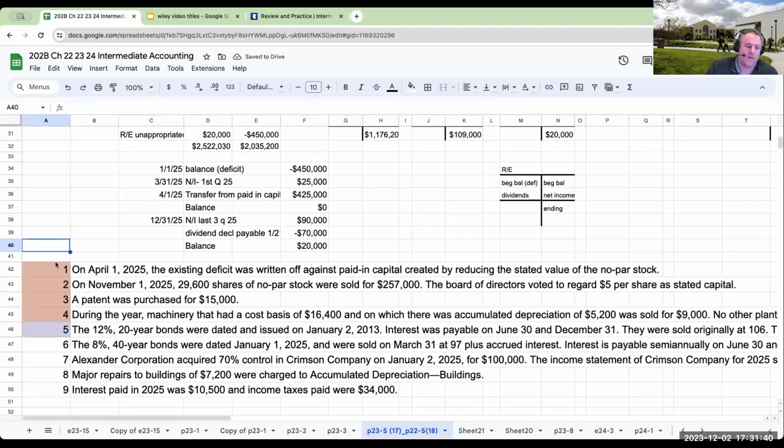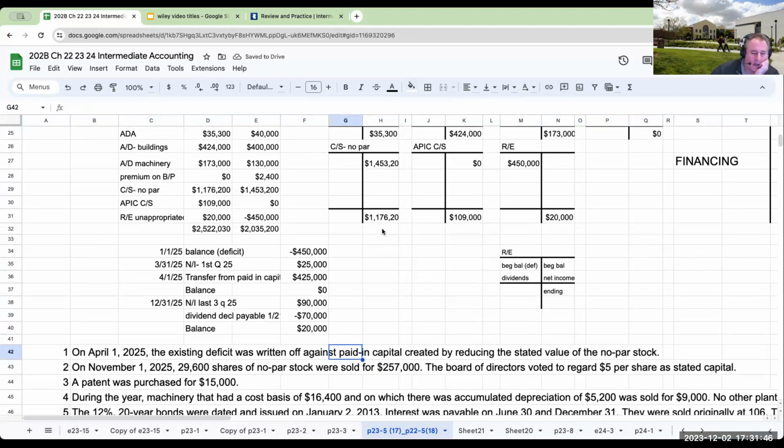The first thing we're going to do is look at the additional information before we start analyzing the individual accounts. On April 1st, the existing deficit was written off against additional paid-in capital by reducing the stated value of the no-par stock.